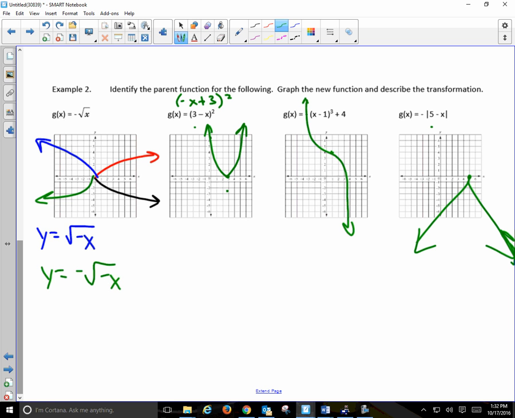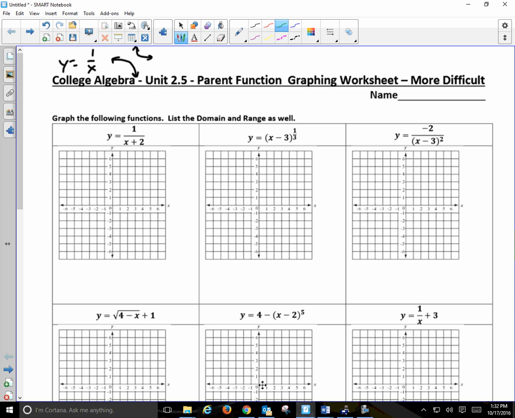So let's go back to our worksheet that we were working on right here. So this is a parent function of 1 over x. And you remember that that's what it looks like if we look at our parent function sheet. But we have a shift here. The plus 2 is on the inside.